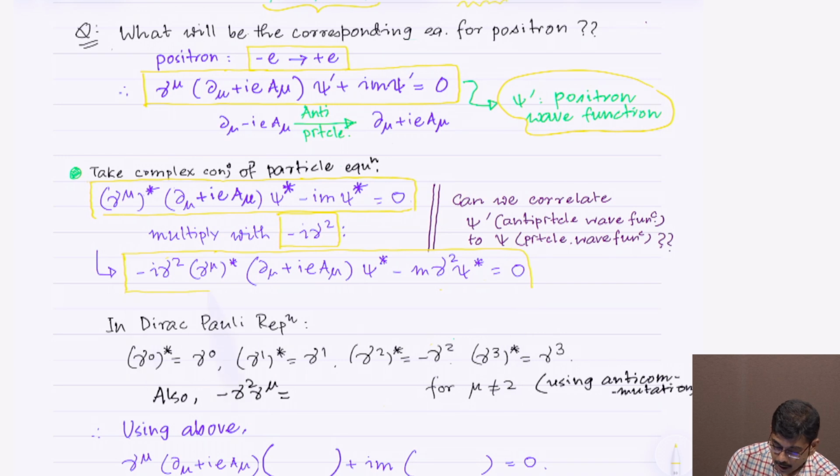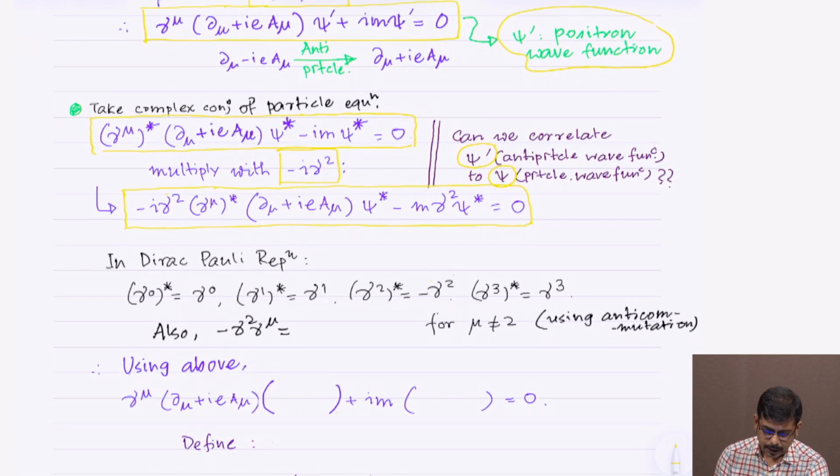So, this is what happens after multiplying with minus i gamma 2. Now, what exactly are we trying to do? We are trying to correlate this antiparticle wave function psi prime to the particle wave function psi, if there is a transformation that we can devise. So, in that process we have first taken a complex conjugate and multiplied with minus i gamma 2 from the left hand side.